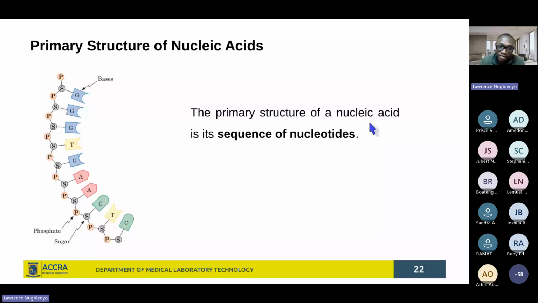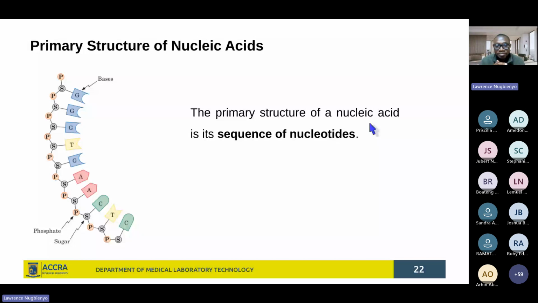So for instance, if you say that glycine is bonded to isoleucine, which is bonded to phenylalanine, which is bonded to tyrosine, and you continue to say that, you are talking about the sequence of the amino acids that bind together. When you are doing that, you are describing the primary structure of the protein or the peptide.